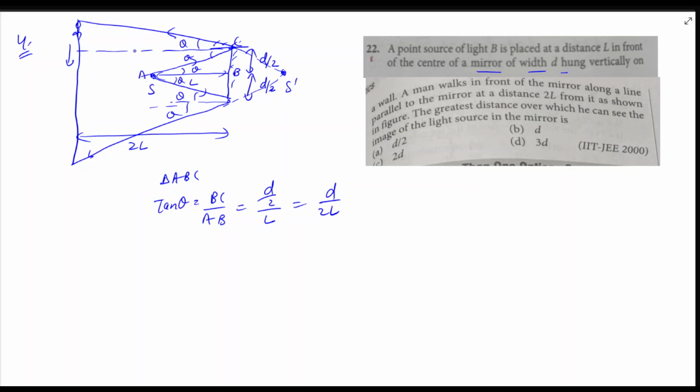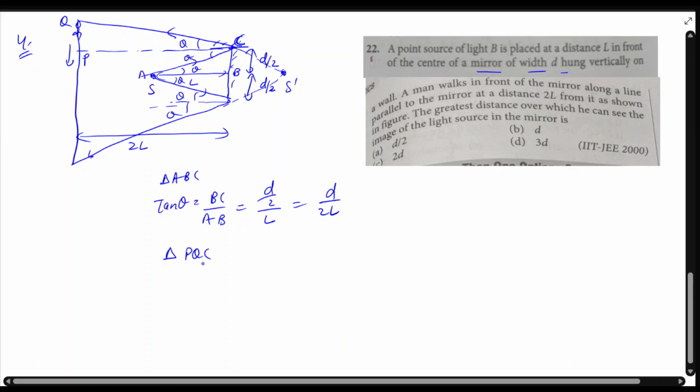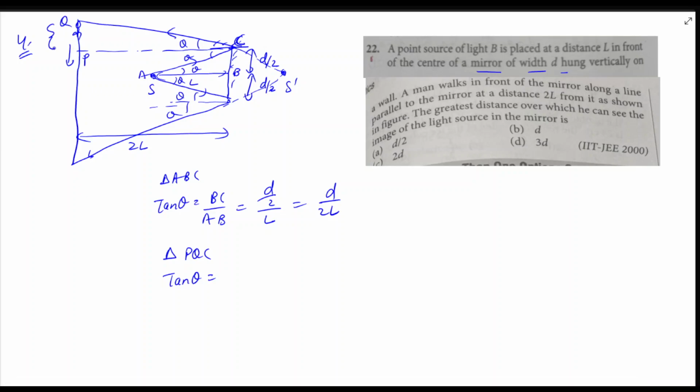Now let's use this triangle. Let me write C, and this is P, and let's say this is Q. So in triangle PQC, tan theta will be equal to the perpendicular over the base. Let's say this is X, and similarly this is X, and this is actually D.